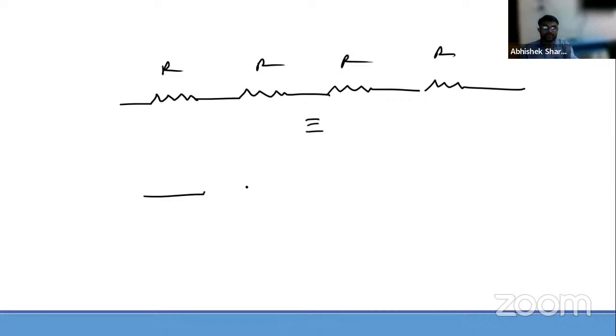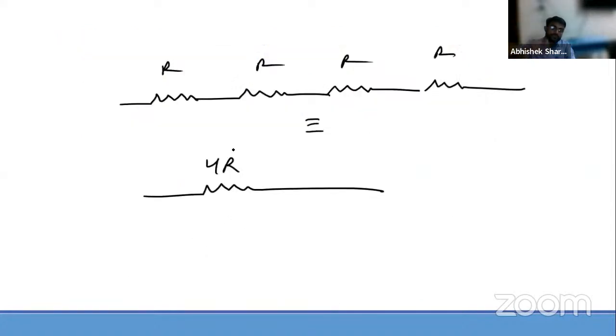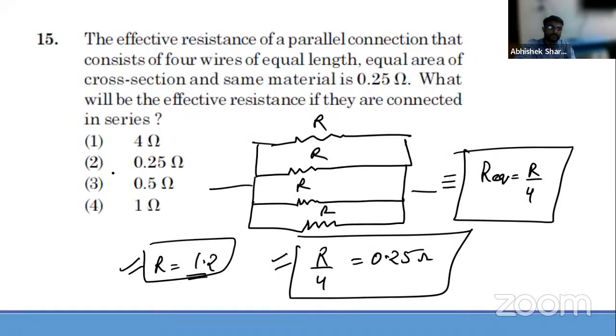We know this will be actually 4R, because in series, R1 plus R2 plus R3 plus R4 add up. Simple. So from here find the value of R. 4 times 0.25 is 1.2 something, so multiply by 4.